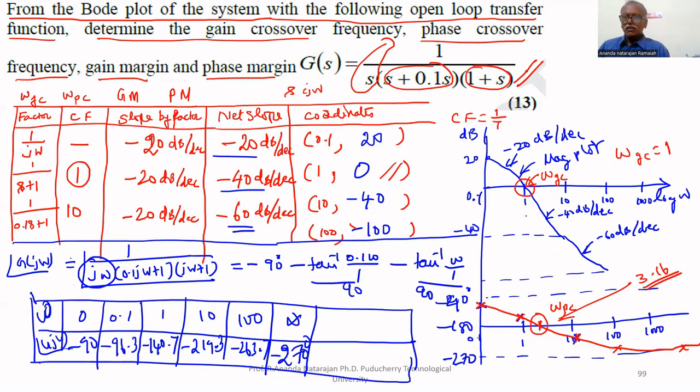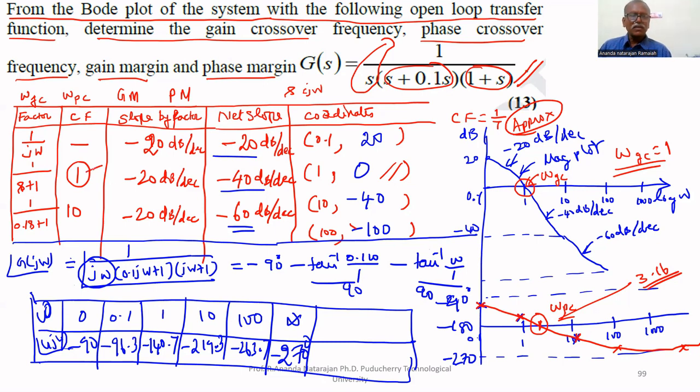Now we have to remember that the Bode plot is an approximate plot. You will get an approximate value because 1 is a corner frequency.